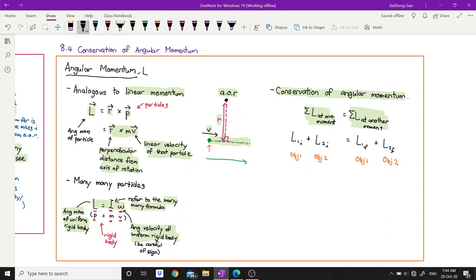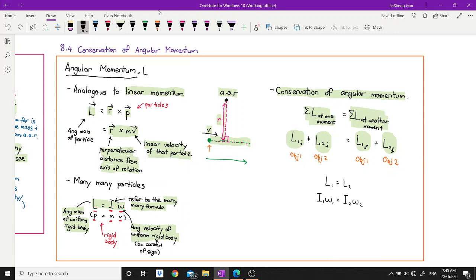If there are multiple objects, you can take the angular momentum of the first thing plus the angular momentum of the second thing, which equals the final angular momentum of the first thing plus the final angular momentum of the second thing. But usually in your books, the formula is probably L1 equals L2. Therefore, I1 omega 1 equals I2 omega 2.